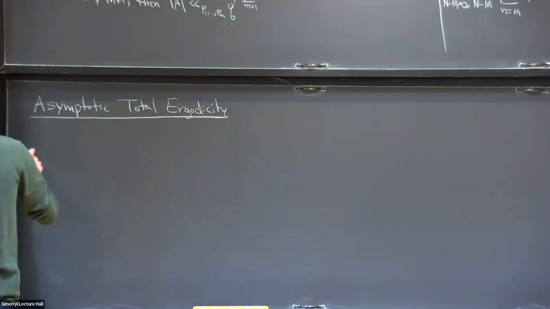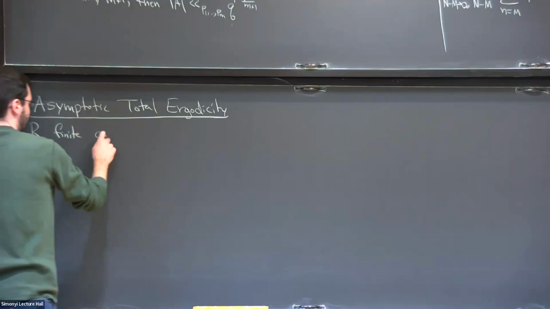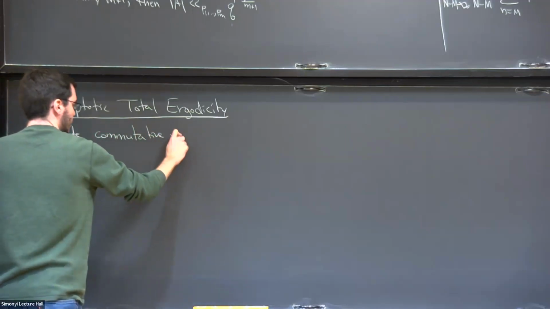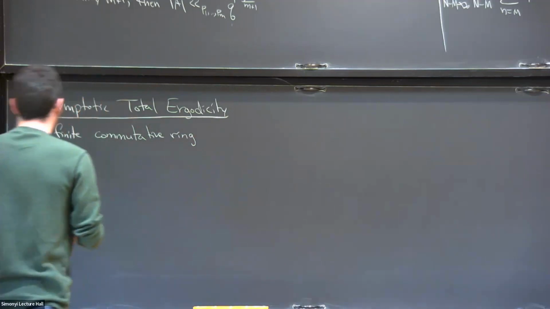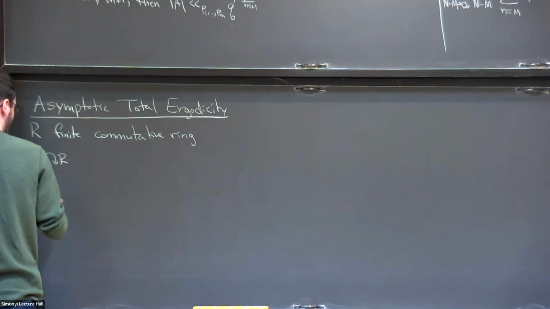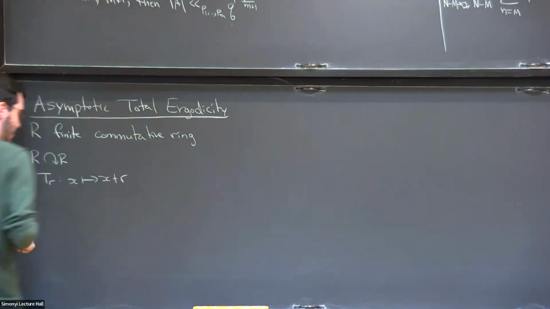So let's say we have some finite commutative ring. Then I can consider the action on itself. So R is going to act on itself by translations.